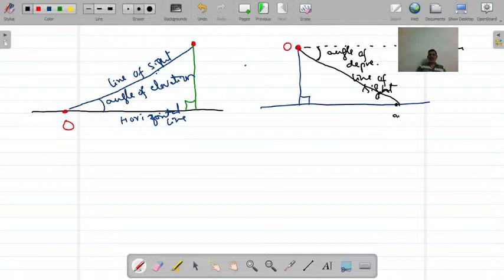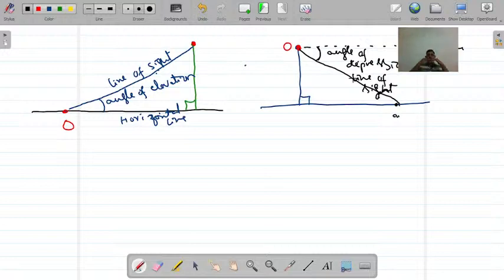Once we understand these two things, it is very easy. So the angle of depression is the angle formed between the horizontal line and the line of sight, where the line of sight is below the horizontal line. Whenever we have to look at objects which are at a greater height than where we are standing, we have to look at them with the angle of elevation.